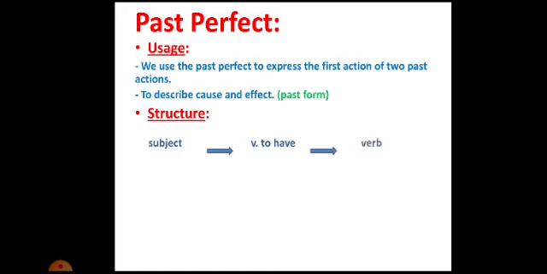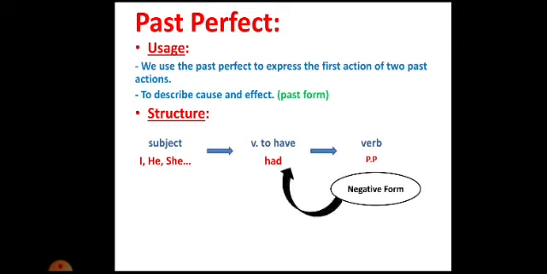Now the subject is always a noun or a subject pronoun like I, he, she, it, we, they, you, and the verb to have in the past, of course, it's had, and then comes the past participle of the verb as we always do after the verb to have. Now for the negative form, we just add not after had. It becomes hadn't or had not.